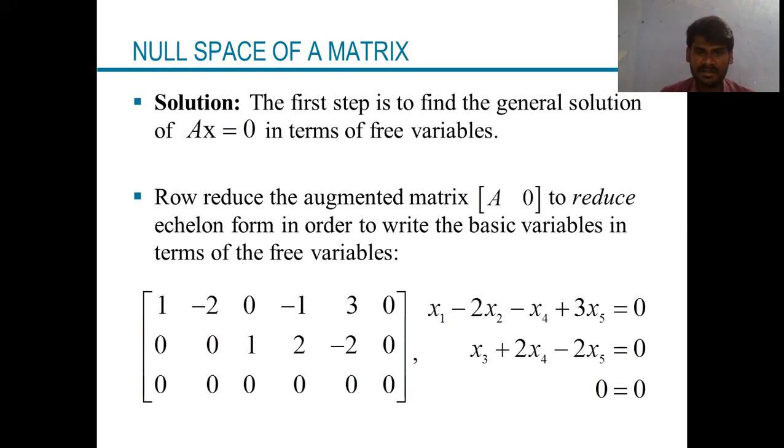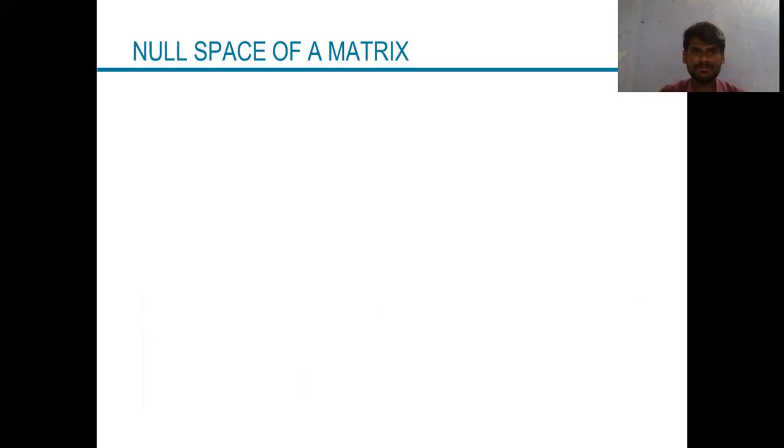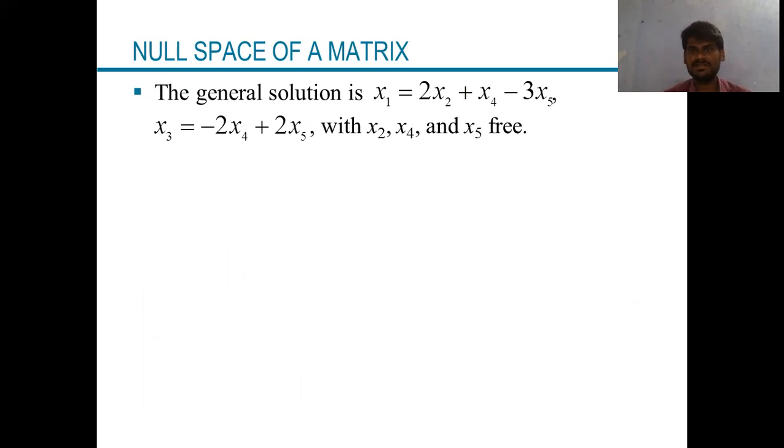The matrix can be written as the system of equations x1 minus 2x2 minus x4 plus 3x5 equals 0, and x3 plus 2x4 minus 2x5 equals 0, and the last one 0 equals 0. Next, the general solution is x1 equals 2x2 plus x4 minus 3x5, and x3 equals minus 2x4 plus 2x5, with x2, x4 and x5 free.